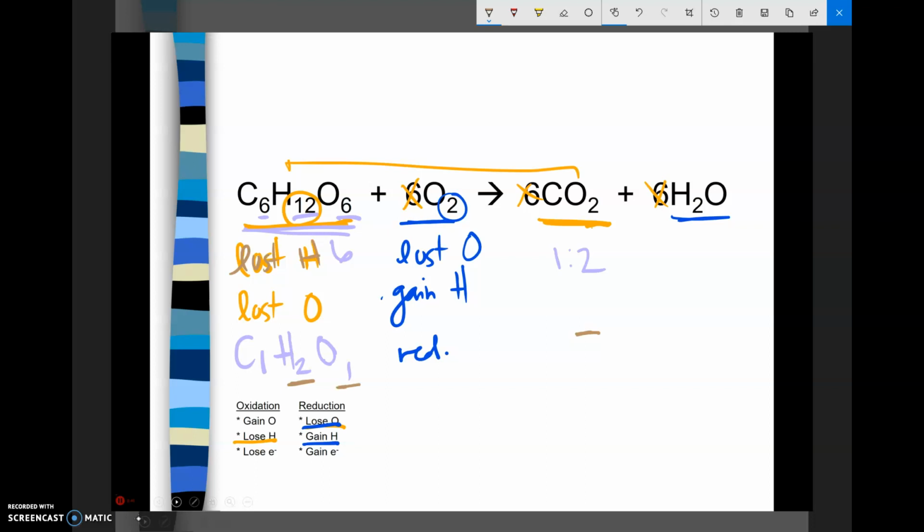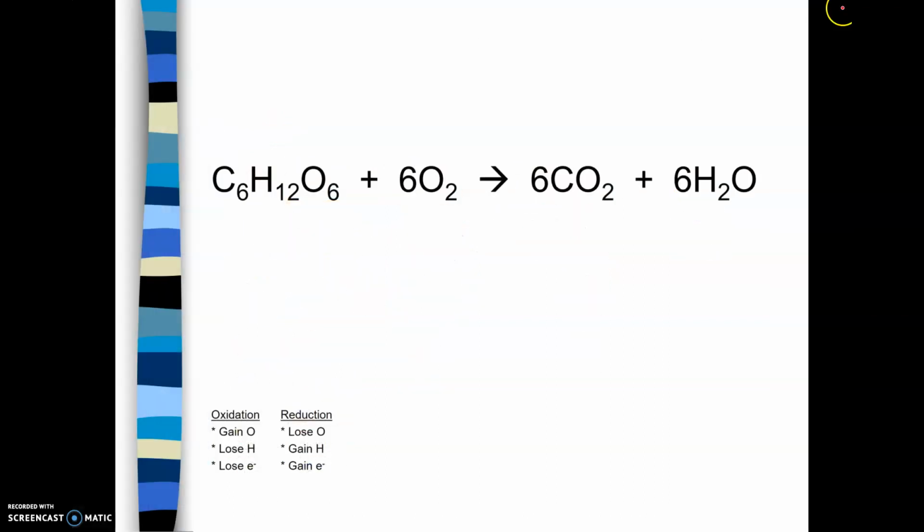Our oxygen now goes from a 1 to a 2. So that means that we have actually gained oxygen if we look at a ratio. So lost hydrogen, gained oxygen is oxidation. So we can feel confident that the sugar is oxidized in this example and the oxygen is reduced. So again, if you have differing viewpoints, look at ratios.